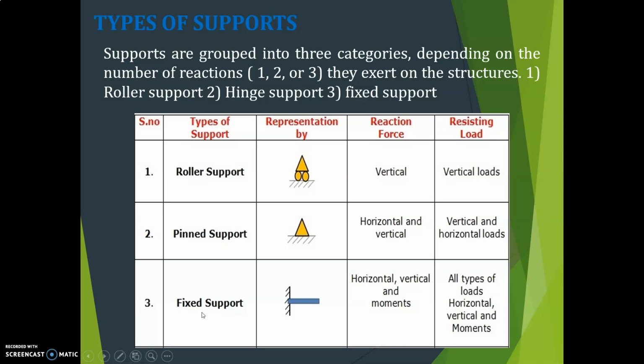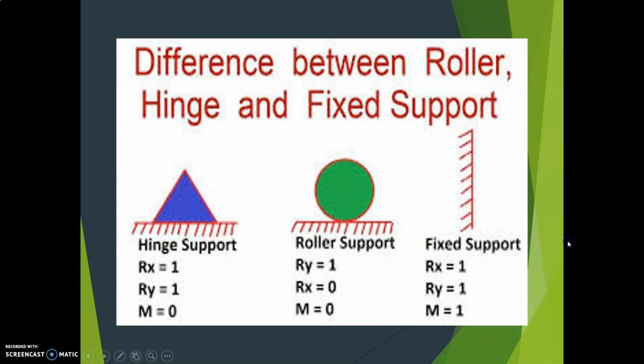A fixed support can react to applied load by developing vertical, horizontal, and moment reactions. This is the representation, and the reaction forces are horizontal, vertical, and moment, resisting all types of loads: horizontal, vertical, and moments. This is about types of supports.